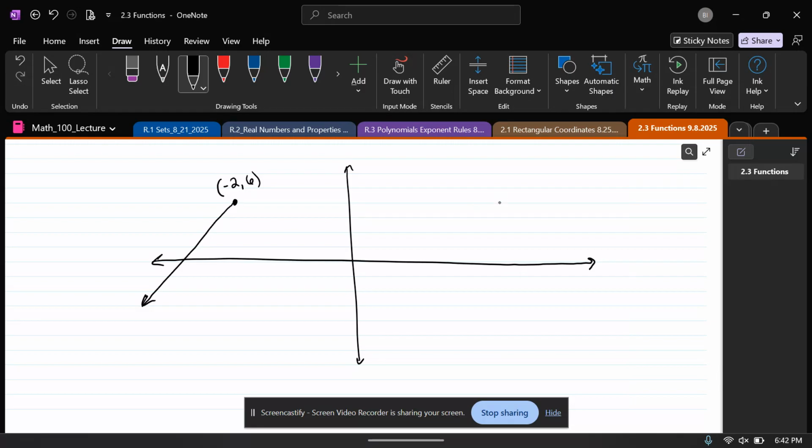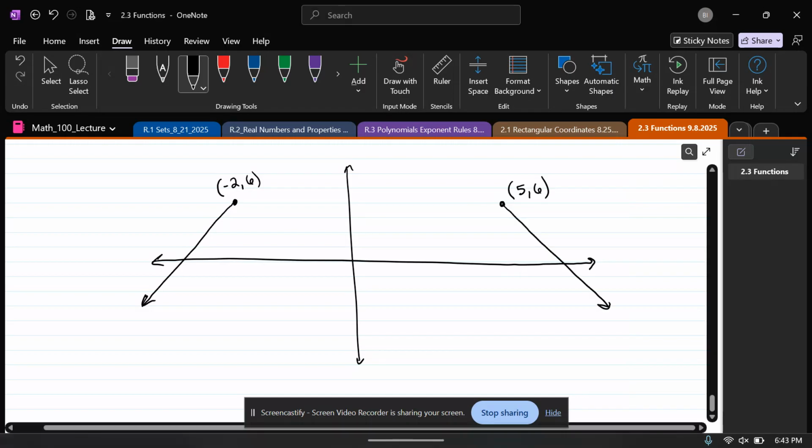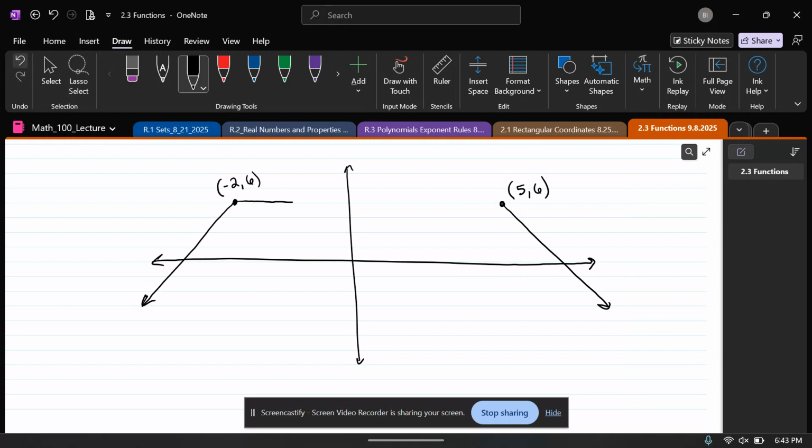Then I'm going to go over here, put a dot right there, and call that ordered pair 5, 6. And I'm going to draw a line going down and to the right from there. I'm going to attempt to connect those two dots with a straight line. I don't know that I can, but I'm going to try. I didn't bring a ruler with me. Oh, well, that's good enough.